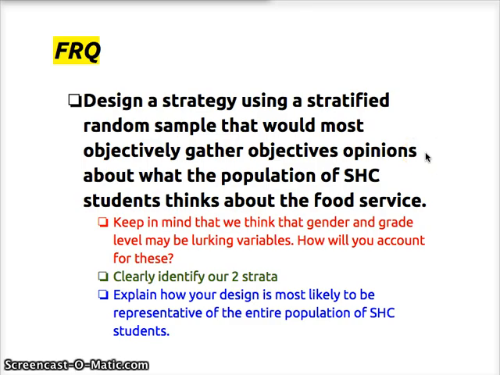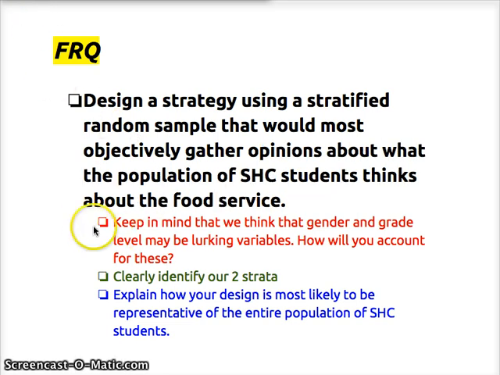So I'd like you now to take a look in your book and read over the summary for 4.1, look over some of the examples to get an idea of these different sampling methods, and then I want you to design a strategy using a stratified random sample that would most objectively gather opinions about what the population of SHC students thinks about the food service. Now you need to keep in mind that gender and grade level may be lurking variables.